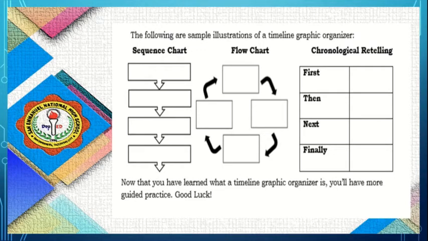These three are examples of writing a timeline. An example also of a graphic organizer. Don't forget them. Now that you have learned what a timeline graphic organizer is, you'll have more guided practice. Good luck!